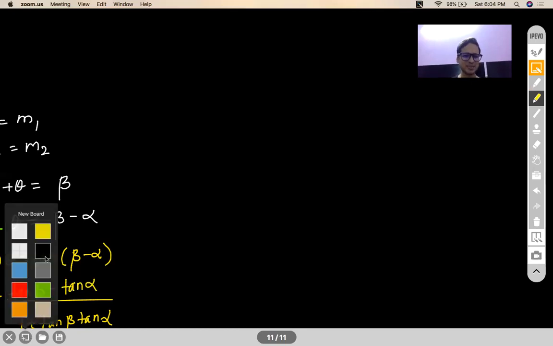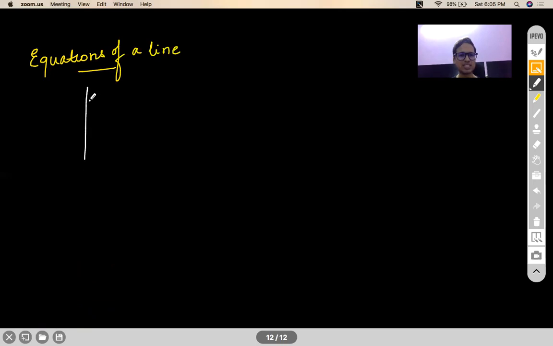So with this concept, we are now going to talk about equations of a line. Your line equations are broadly classified under two verticals. One we call the standard forms, and the second one we call the general form.